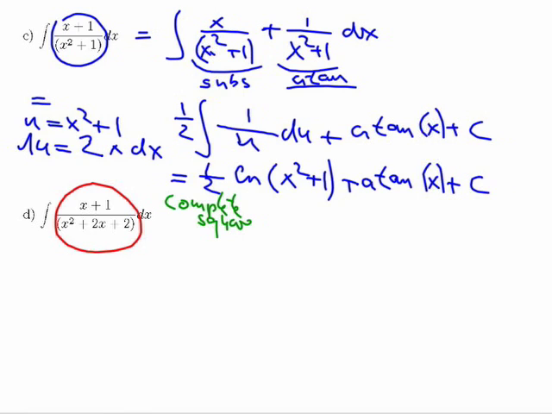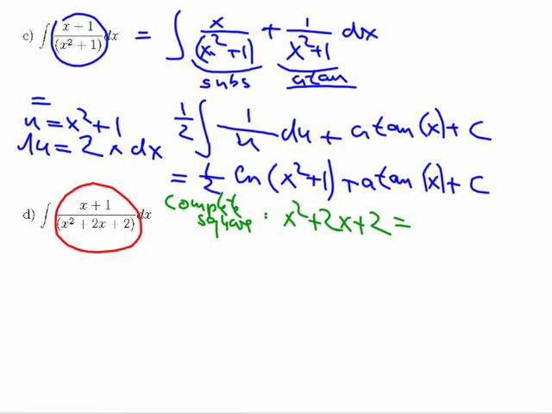Okay. We want x squared plus 2x plus 2. And we want to write this as something squared plus something. We do this by basically looking at the binomial formula. So we have a term of 2x in here.